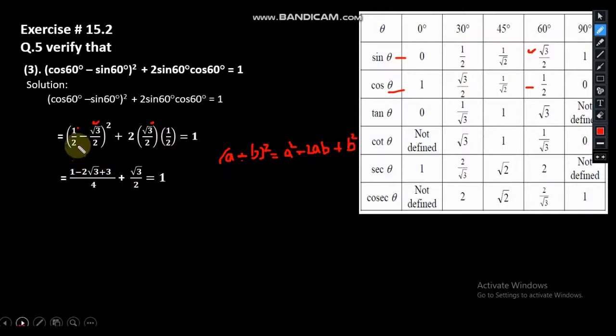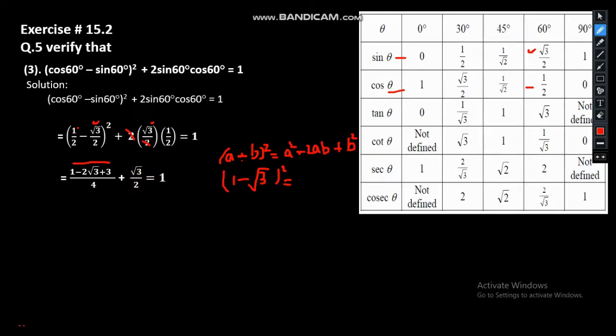Now, when we open (1 minus under the root 3) whole square, which is equal to this one, plus we can cancel here 2 and 2, and root 3 divided by 2 equal to 1.